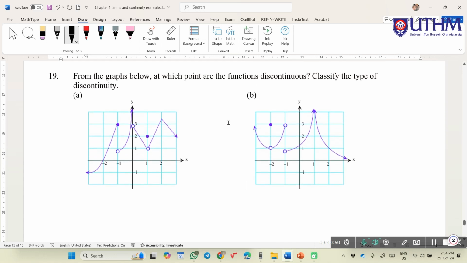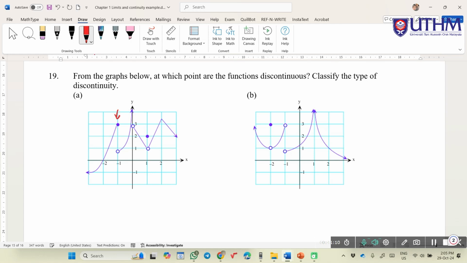If we look at x equals negative 1, here we have a point discontinuity.